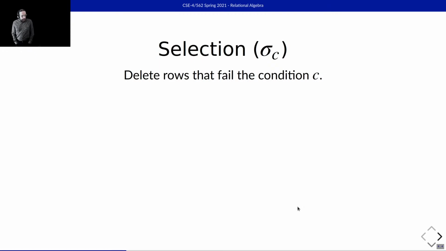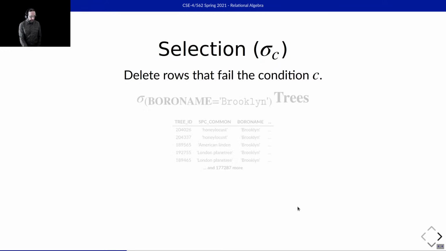Okay, so selection. Selection is analogous to the filter operation in Scala, and essentially you provide a condition and it returns the rows for which that condition evaluates to true. Usually we write selection with a lowercase sigma and put the condition as a subscript on that sigma.